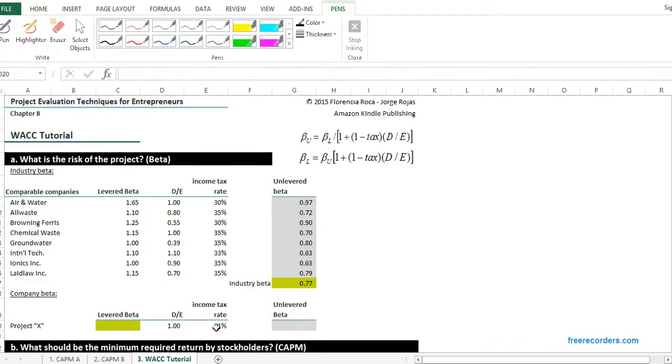Again, we need the debt to equity and the income tax rate applicable to this project, the X project. Which one is the unlevered beta? Well, the industry that we have just calculated. And then here I'm going to introduce the second formula. Unlevered beta times 1 plus 1 minus the income tax rate times the debt to equity ratio. I'm going to do it here.